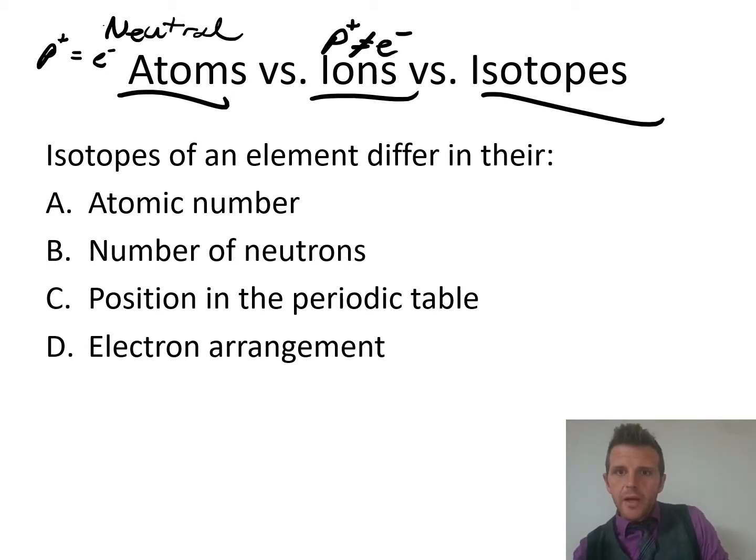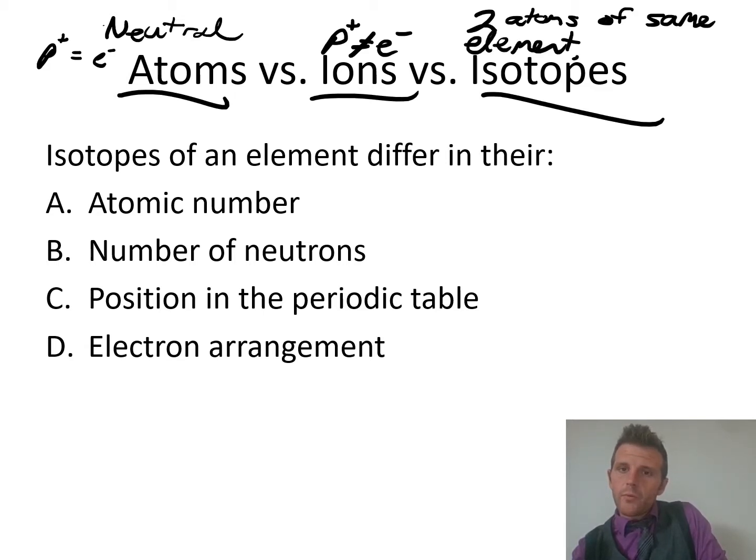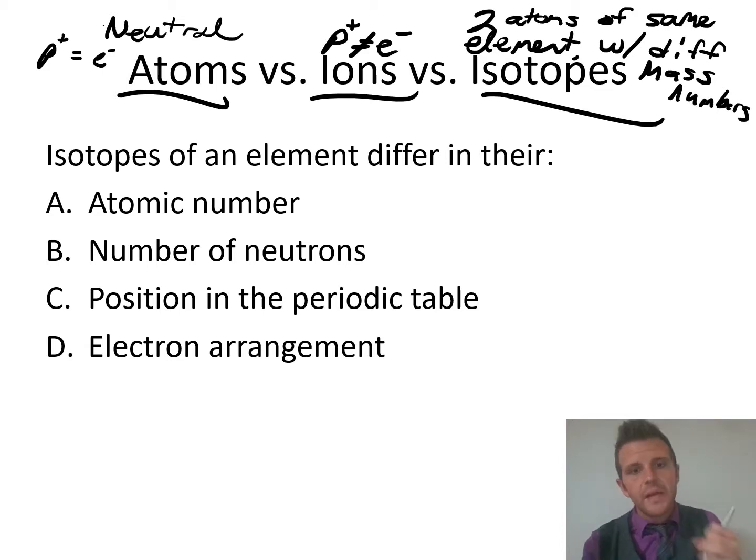Isotopes of the same element, this is when you have two atoms. Technically, they could be ions as well, but IB doesn't really venture down that road too much. But two atoms of the same element, but with different masses, different mass numbers.